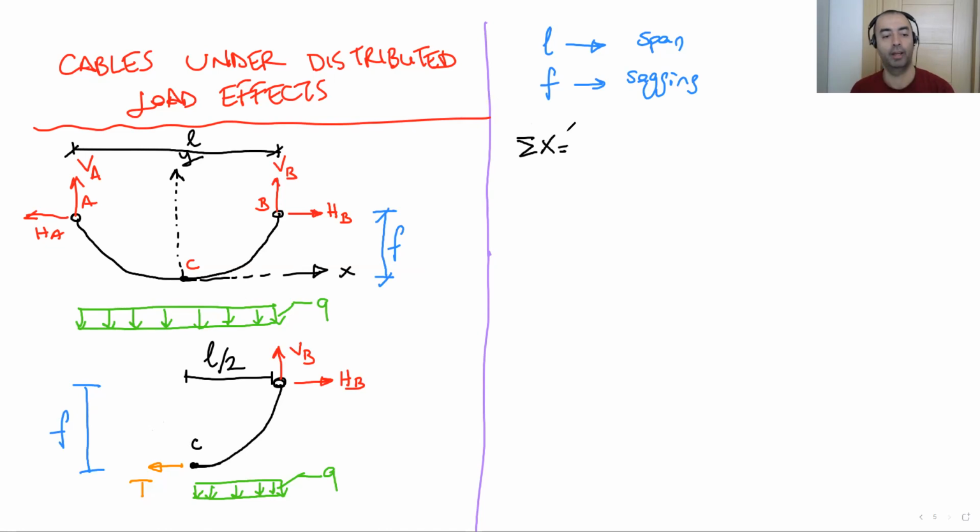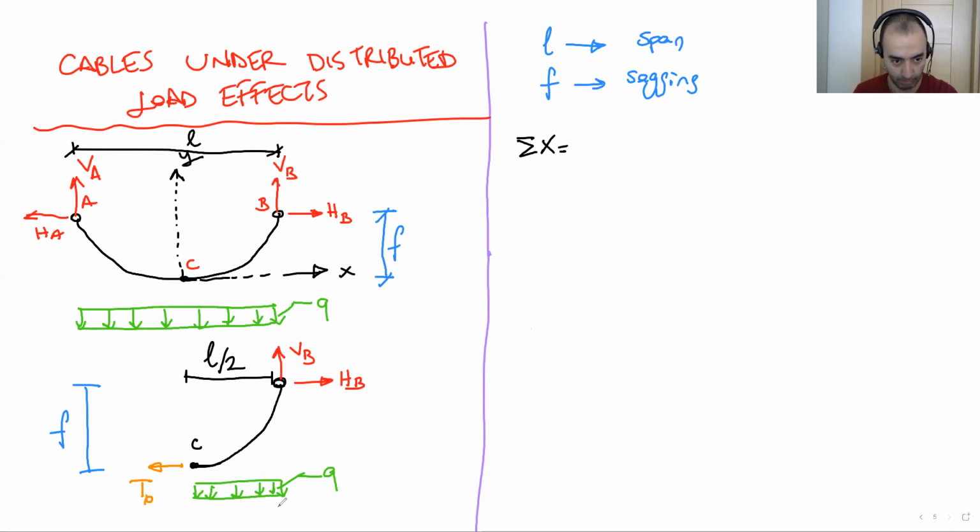By the way, whether I cut the system from the right hand side or left hand side, no worries, I'm going to write this same equation, because it's a completely symmetrical system. Here, this is T0.